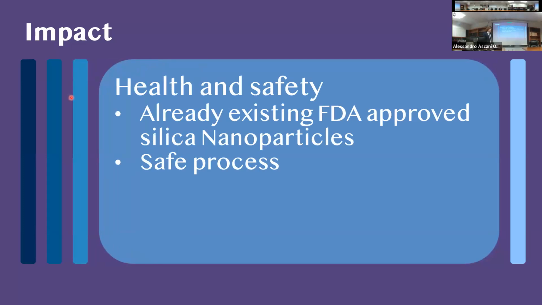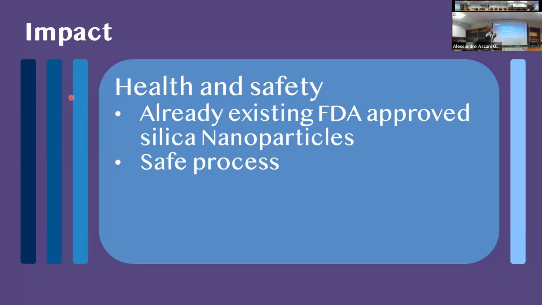Going forward, health and safety considerations: silica FDA approved nanoparticles already exist. Those are called C dots, produced by Cornell, and they've already been applied for biomedical applications, but the difference is they are not fluorescent in the same way that ours are, and also they tend to biodegrade much faster than ours.